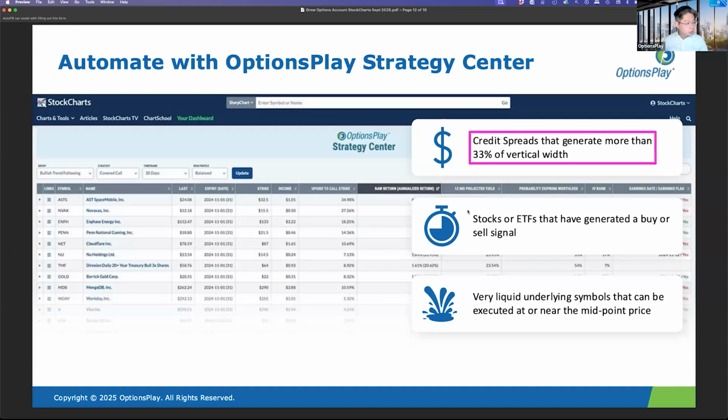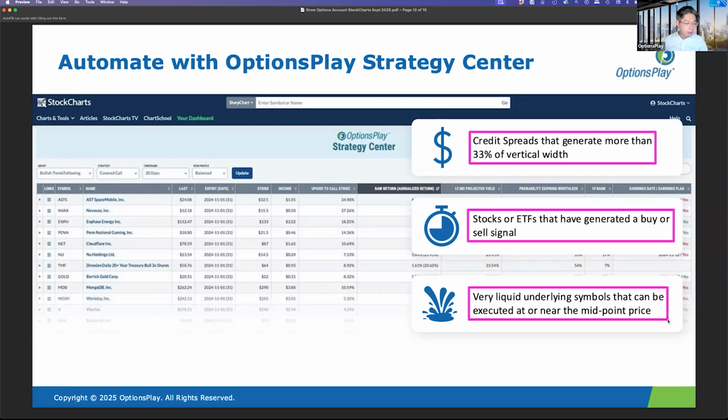And it's only going to show you stocks or ETFs that have generated a buy or sell signal, because we're only looking at stocks that have triggered that bullish trend following signal. And the third thing we look for is liquidity, right? Anyone who's traded options for a while knows this, because you probably have come across great ideas.